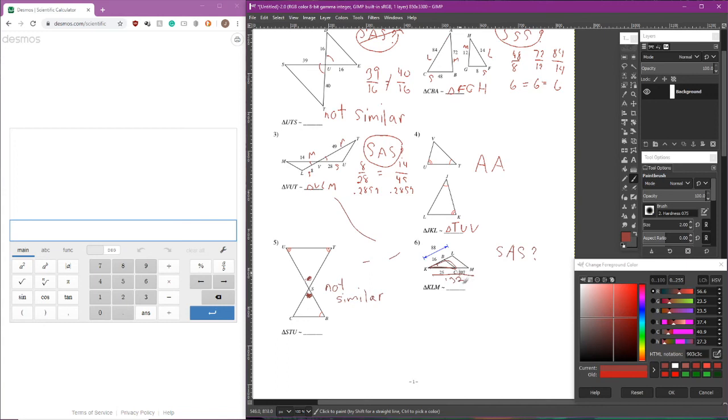So now we have the whole way from K to L, and we also have the whole way from K to M. So with a little triangle, 16 is the smaller side, and we'll call 25 the medium. This is the smaller side over here, and we'll call this the medium. So let's compare small to small.